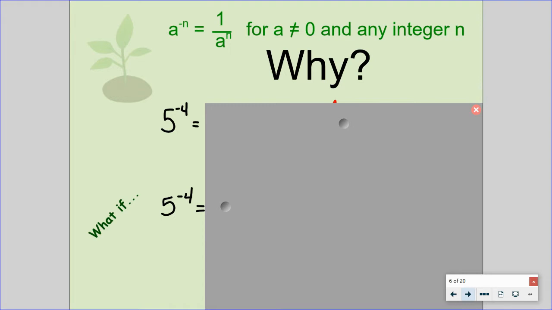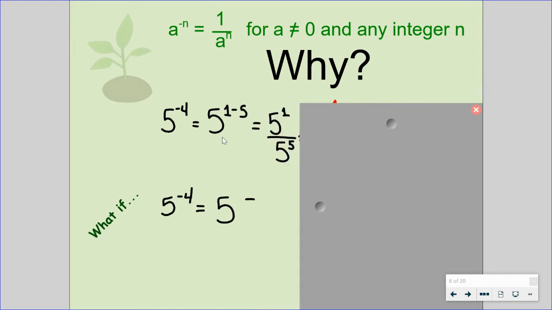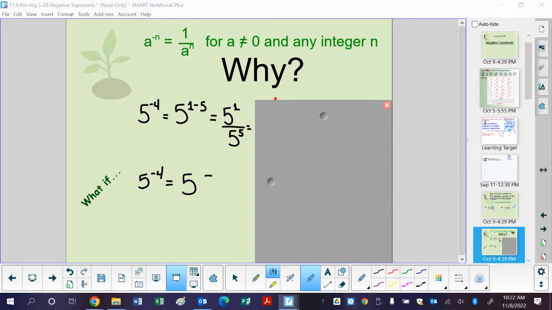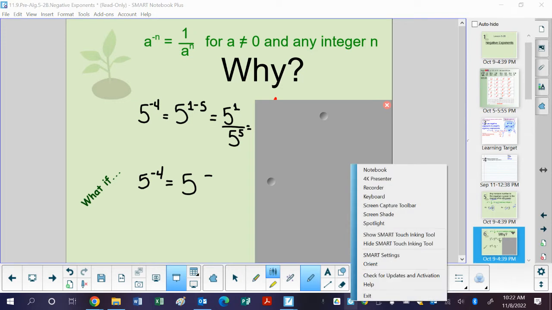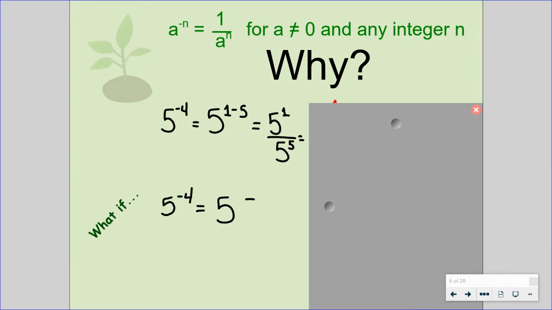Now, let's take, for example, 5 to the negative 4th. I think you would all agree negative 4 is the same as 1 minus 5. Now, when subtracting exponents, you could rewrite it as the division of 2 powers. Let me see if I can get my magic pen here. And it might pop up in a minute. I would like to point out, the last couple days, we actually went this direction.